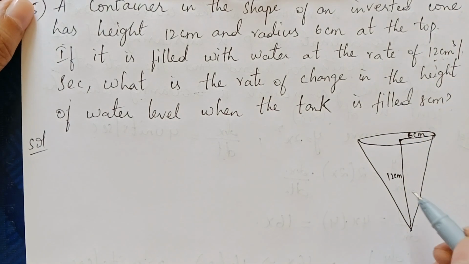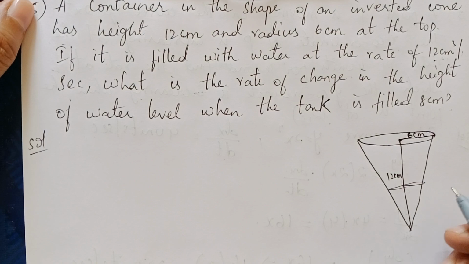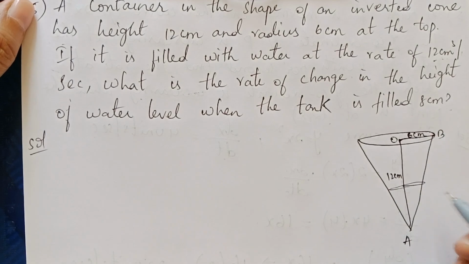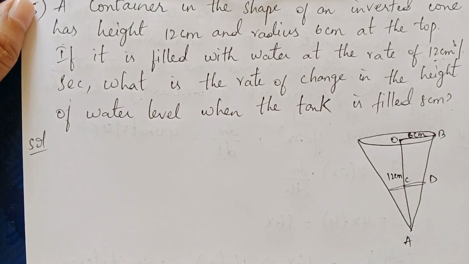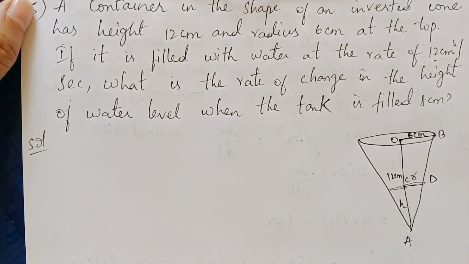So there are two levels of the water here, so we can consider another somewhere here. Here we can take the triangle to form here B, O, and here C, and this as D. We know that AC is the height of the cone, and similarly we can take the radius CD as r.